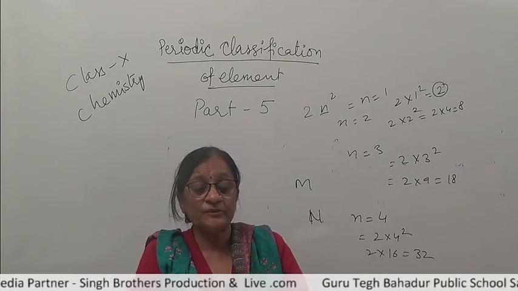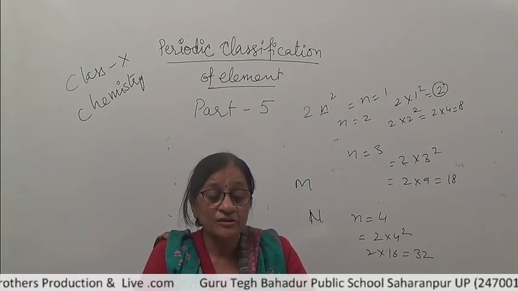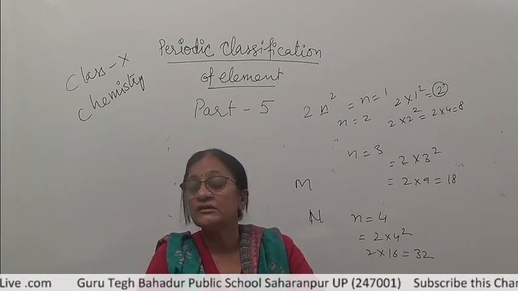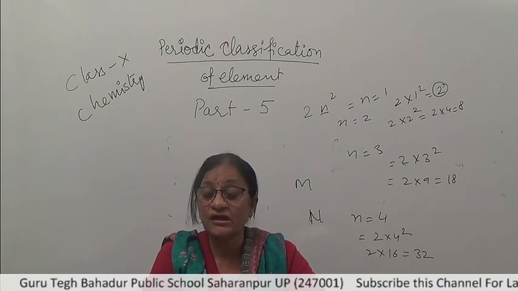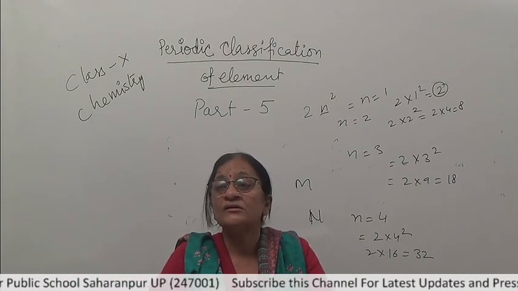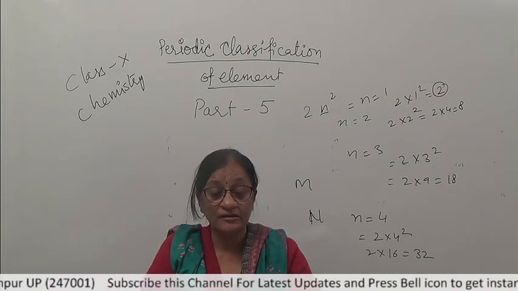So the third period also has only 8 electrons. The position of an element in the periodic table tells us about its chemical reactivity. As we have learned, the valence electrons determine the kind and number of bonds formed by an element.